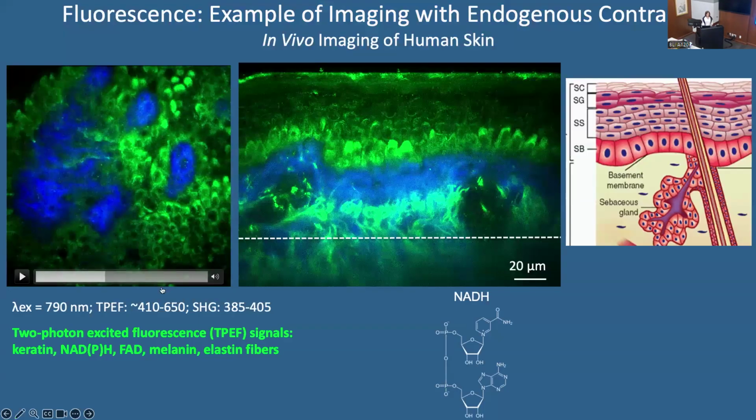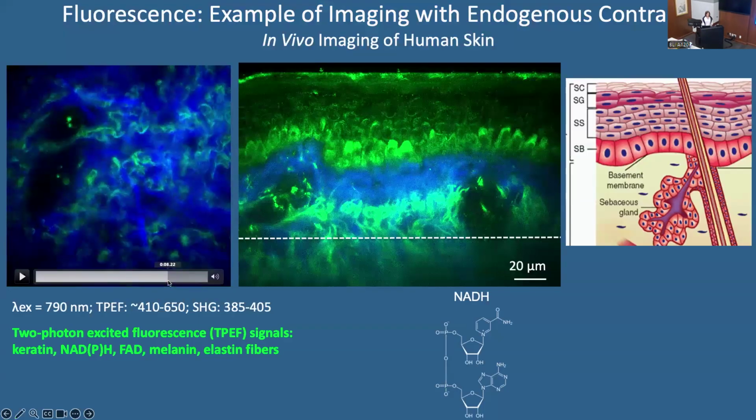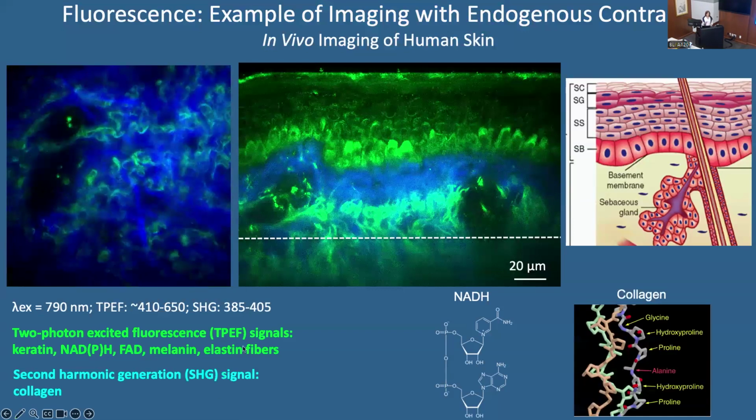What else? When we go deeper into the dermis, we also have fluorescence from these elastin fibers, and then you can visualize the collagen with the second harmonic generation. And again, Professor Potma talked in detail about the fundamentals of these processes.